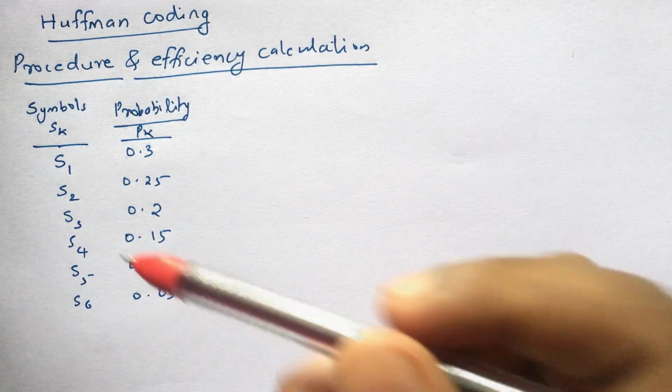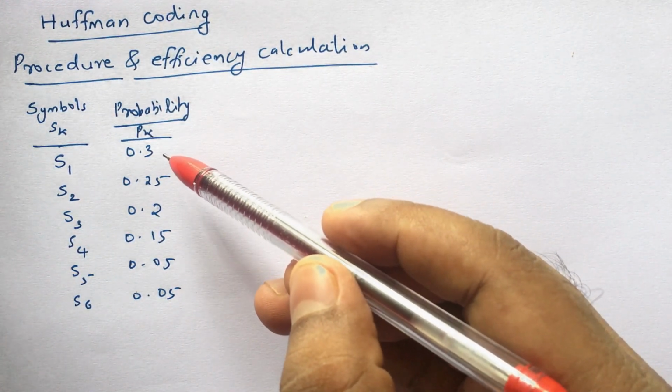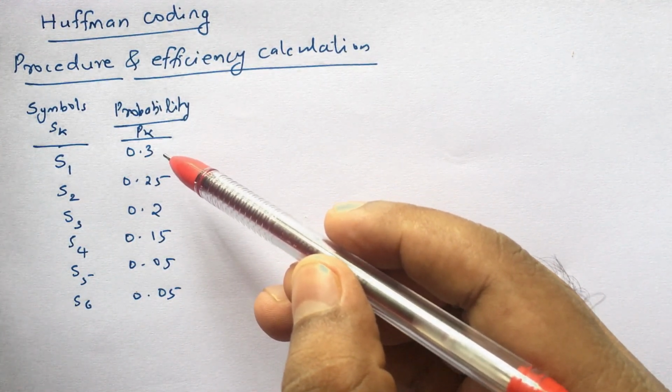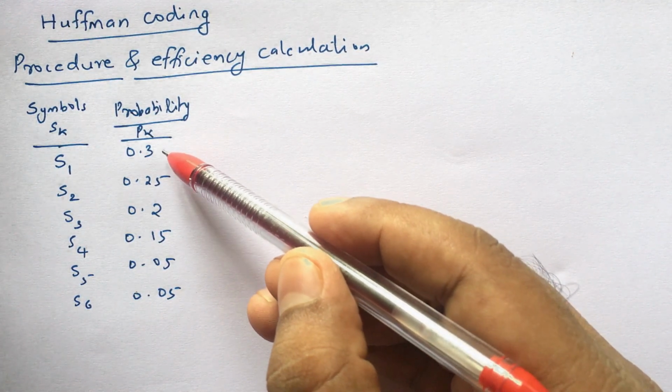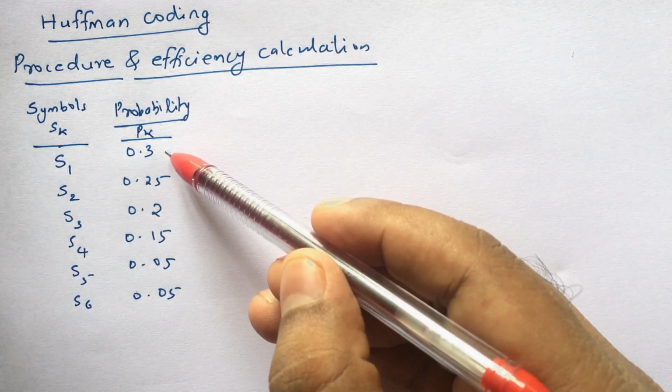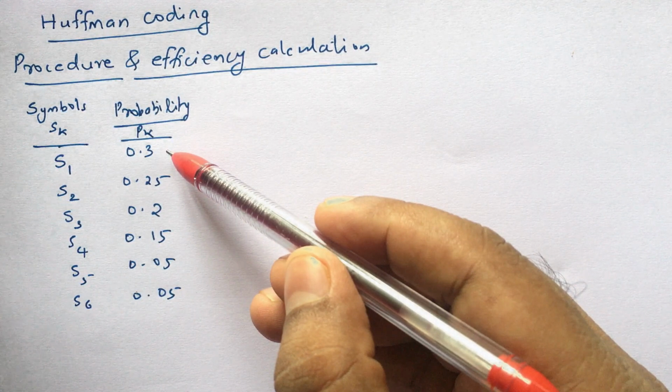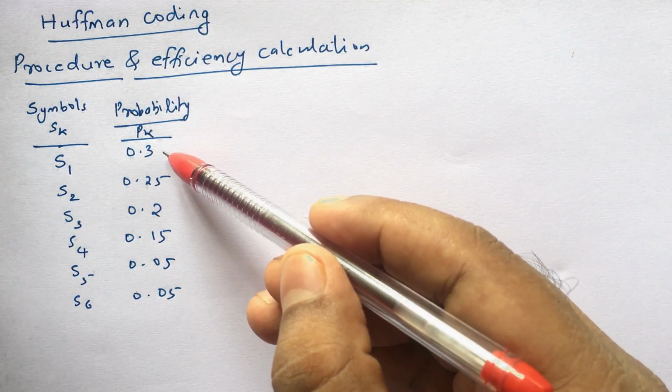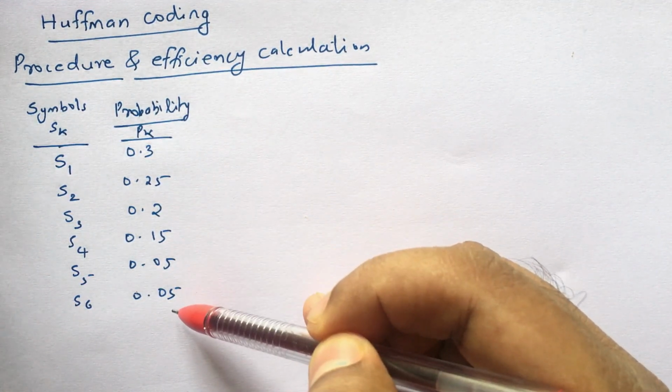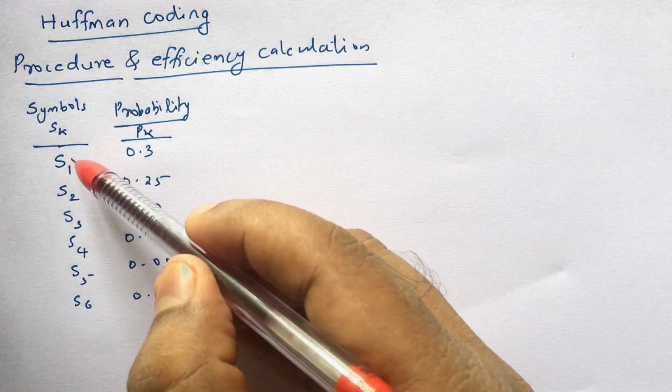Here the symbols are given in the decreasing order. If it is not like that, we will have to arrange those symbols in the decreasing order of their probability. It is the first step.